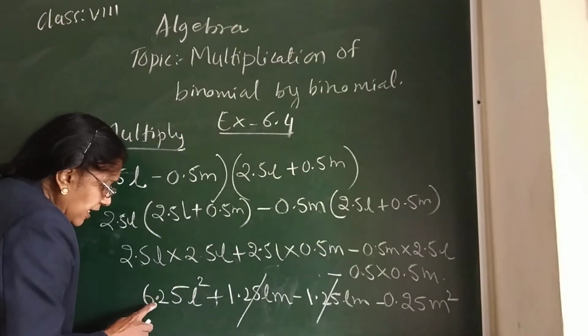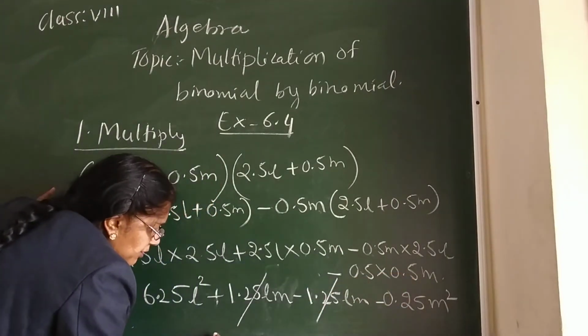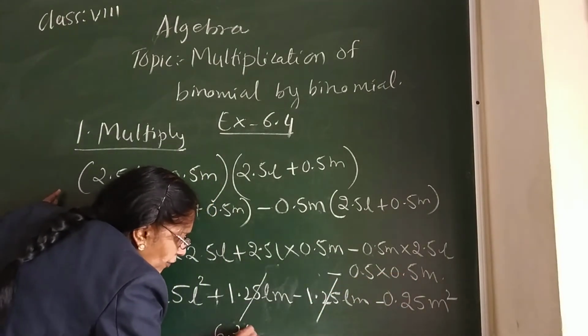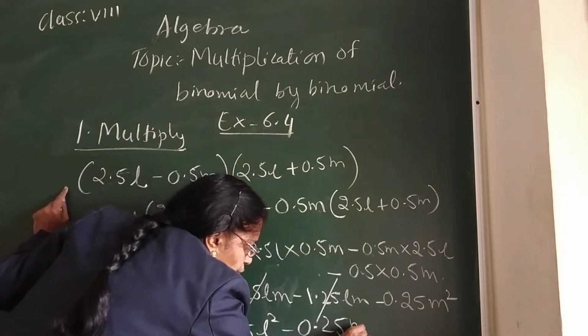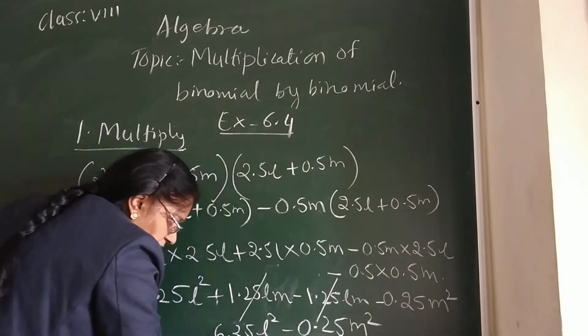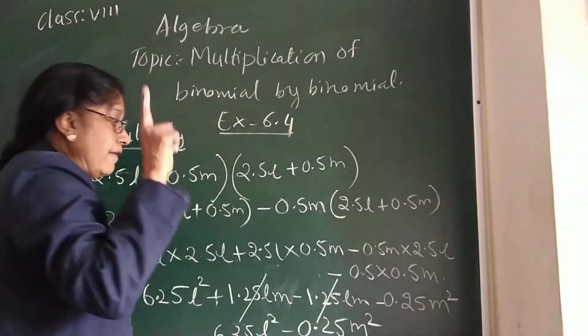So what is remaining? 6.25 L square minus 0.25 M square. This is your answer.